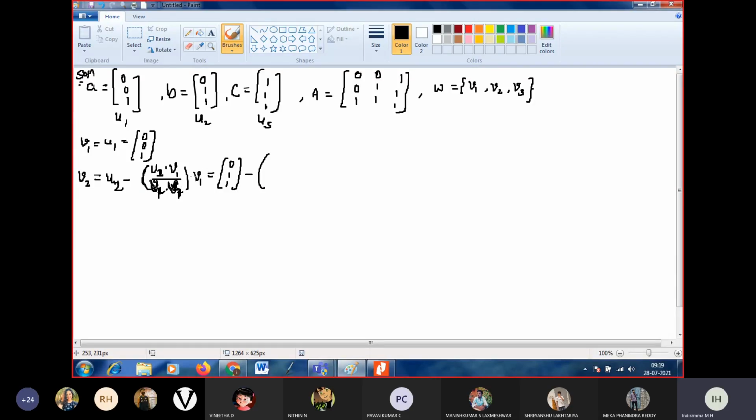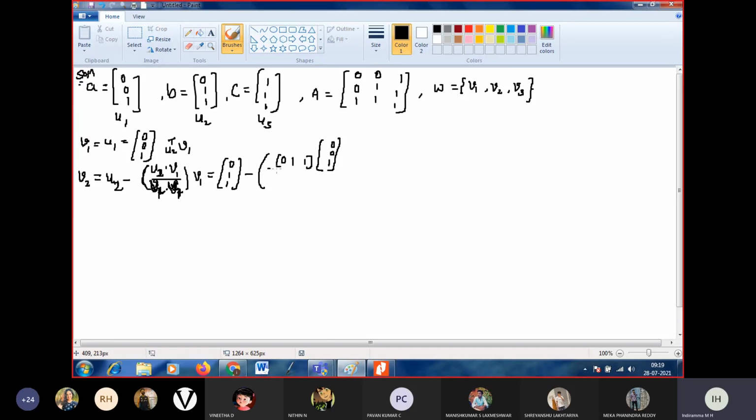Correct? Okay, now. U2 dot V1 means we have to consider U2 transpose into V1. What is U2 transpose? Row matrix of 0, 1, 1 into V1. V1 is 0, 0, 1.